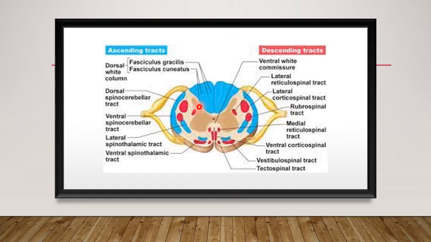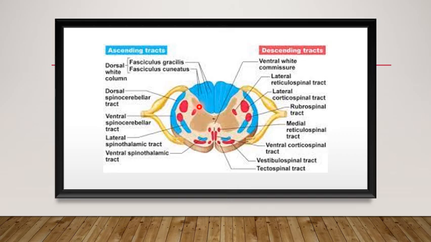The ascending tracts, what do they constitute? ये इनके अंदर group of sensory fibers होते हैं. They are ascending right from the receptors to the central nervous system, right? Now what do they include?